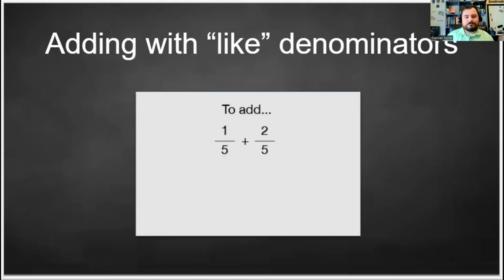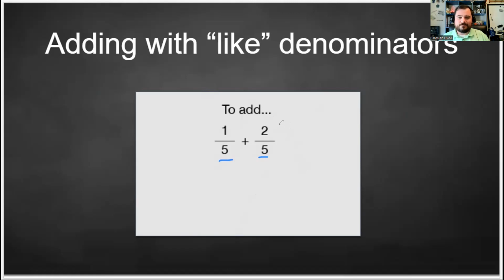When we add fractions with like denominators, what does that mean? Well, friends, that simply means that our bottom two numbers are the same digit. In this case, this is 1/5 plus 2/5. Since our denominators are already the same, we can just start adding.